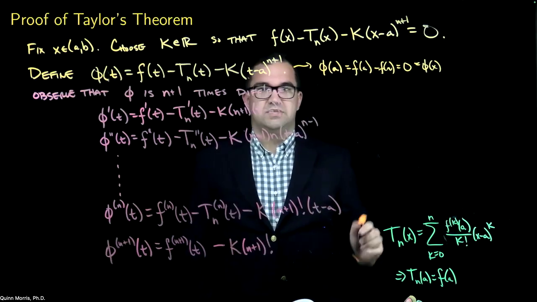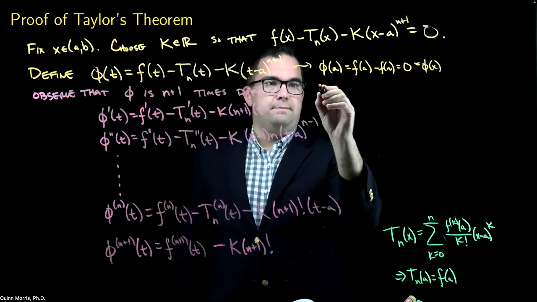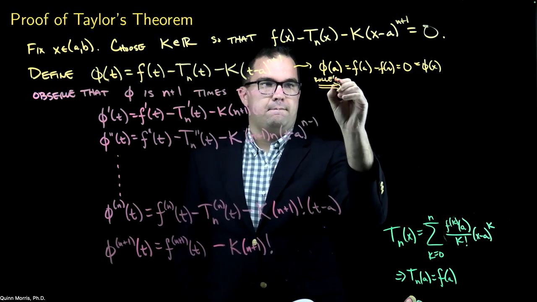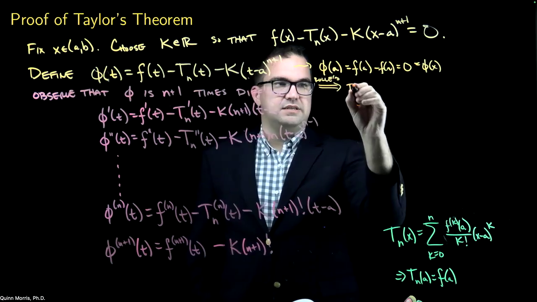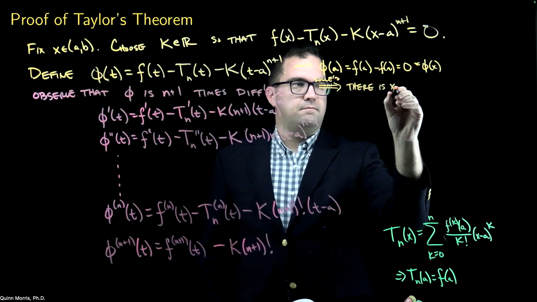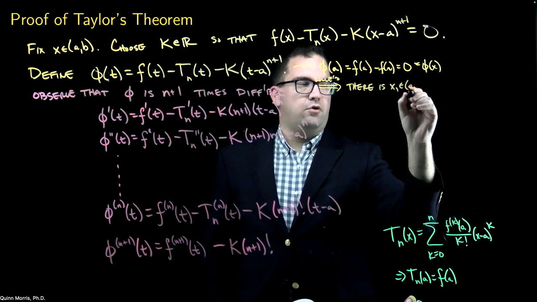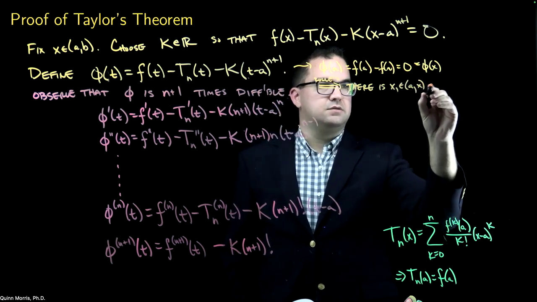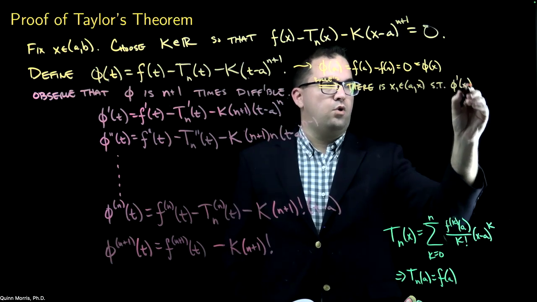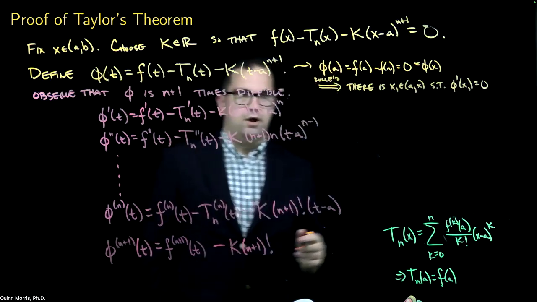Therefore, I can apply Rolle's theorem. And by Rolle's theorem, there exists an x1 in the interval a up to x such that phi prime of x1 is equal to 0.